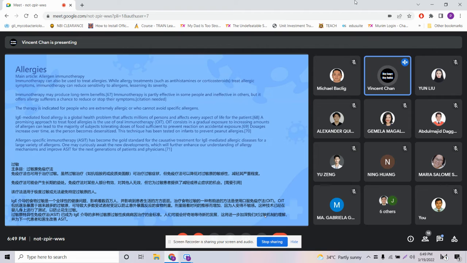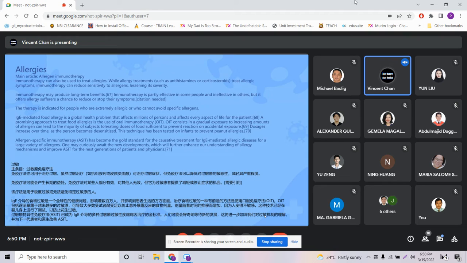IgE-mediated food allergy is a global health problem that affects millions of persons and affects every aspect of life for the patient. A promising approach to treat food allergies is oral immunotherapy, OIT.